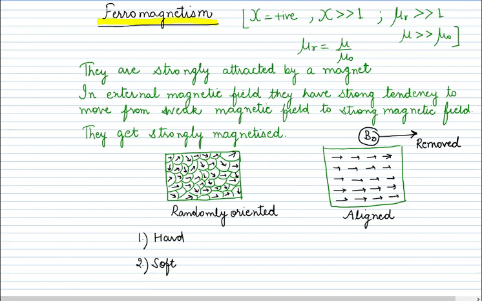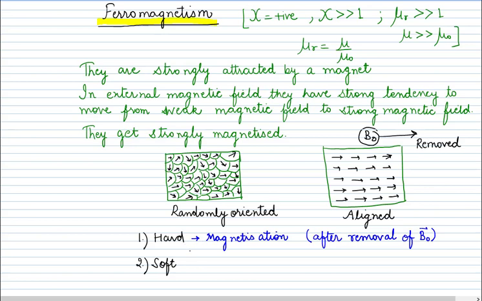So they have magnetization even after the removal of the external magnetic field. These are known as hard magnetic materials, all those materials which have a very good quality of magnetization.